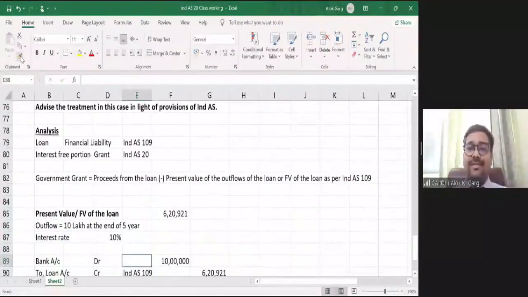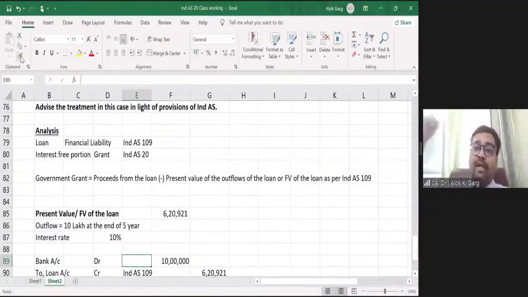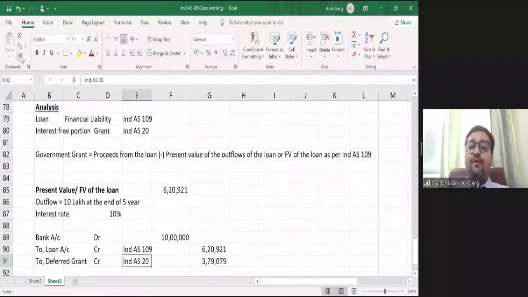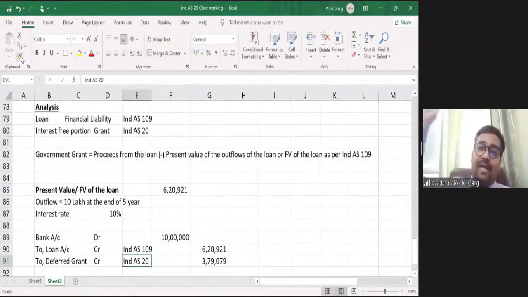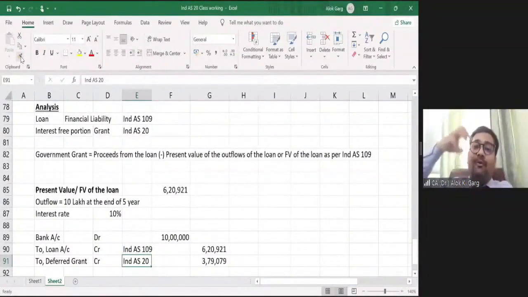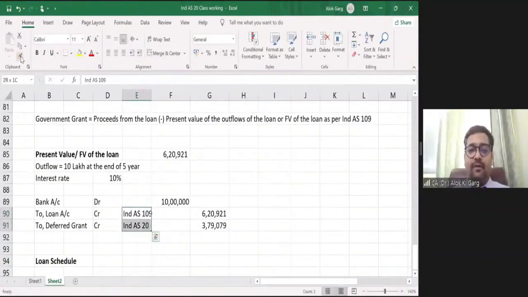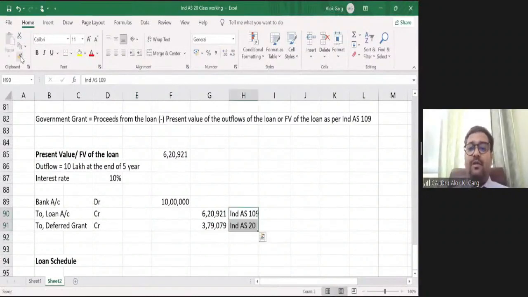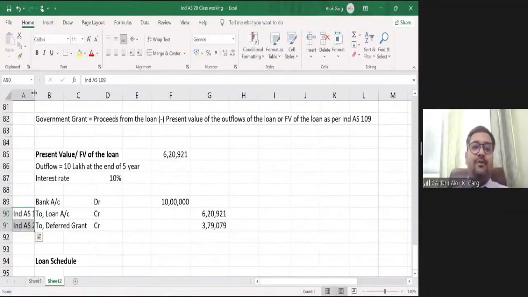In this standard, it says that you need to calculate the government grant for this interest waiver or interest concession. So we have calculated the present value of the outflow, the money which we have to pay after 5 years. What is the value today? The value today is 62921. Clear?